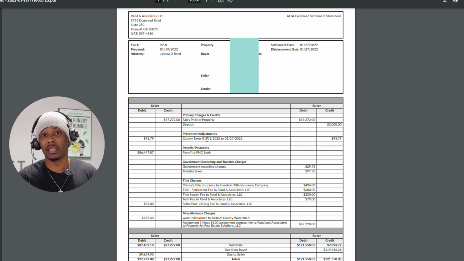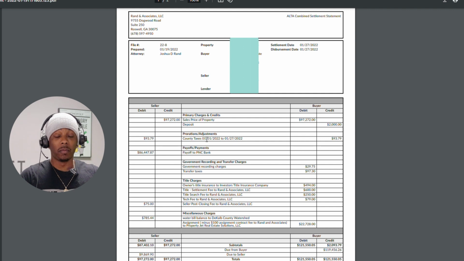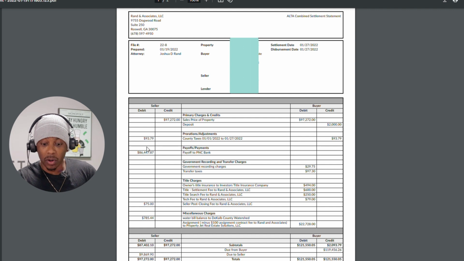If they have paid the taxes in full for the entire year, then they will be credited back the difference that they paid. So once again, taxes are going to be a debit from the beginning of the year to the day that the property sold, unless the seller paid the taxes in full, which would then be a credit to the seller.